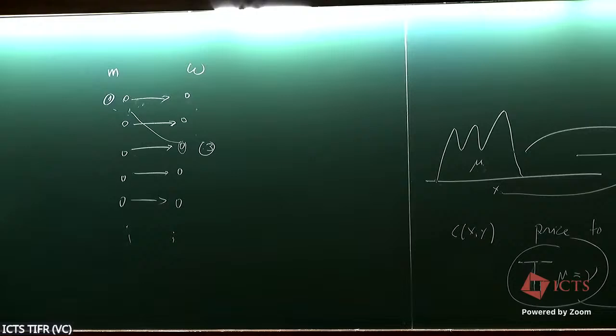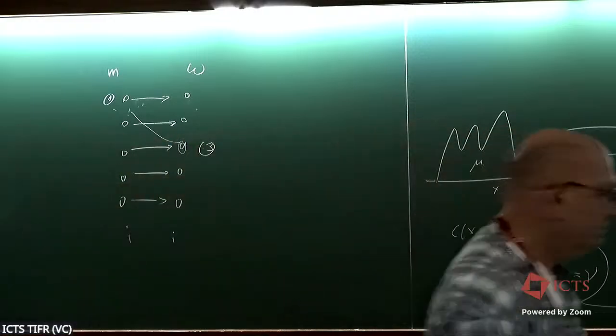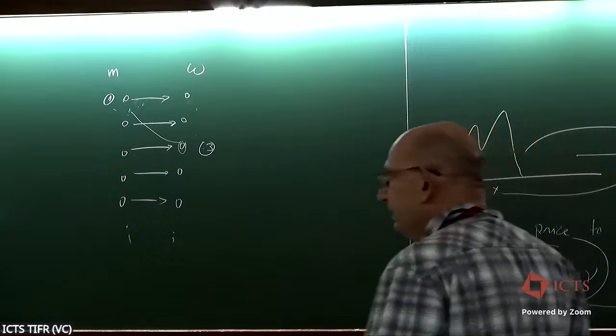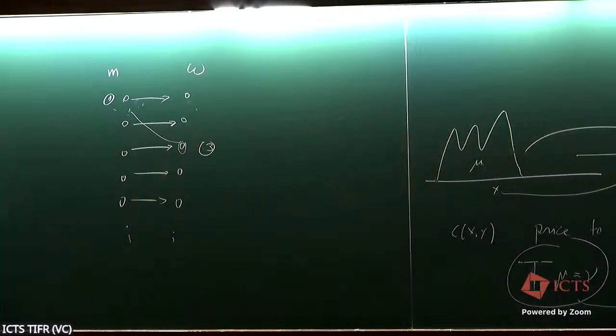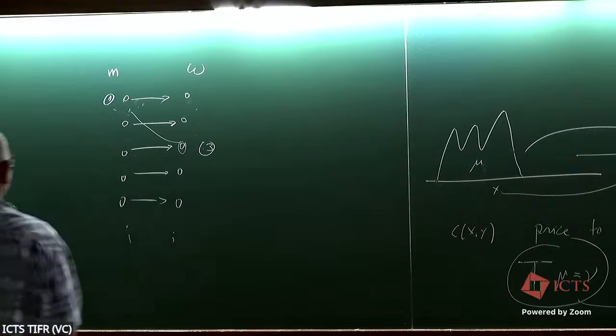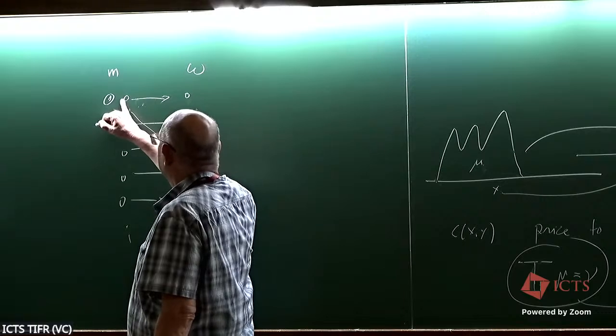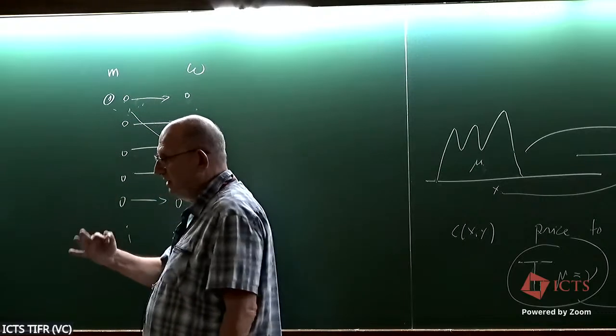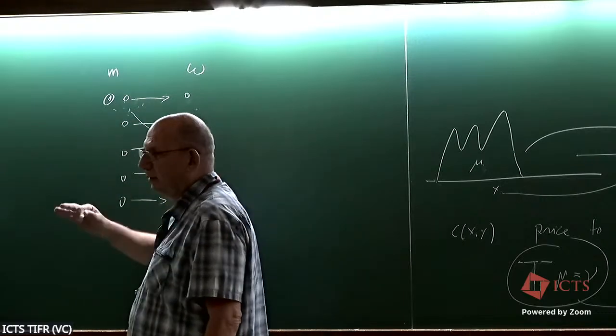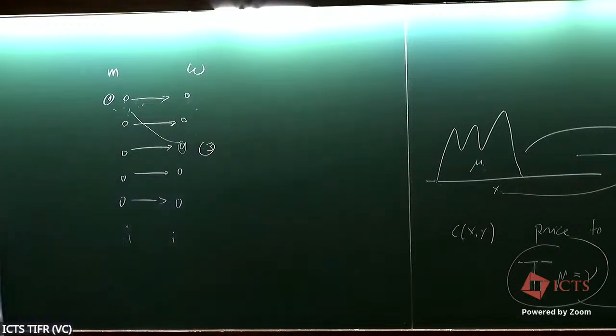What Gale and Shapley published is a very simple and intuitive algorithm for how to find such a stable marriage. The algorithm is like this. Suppose at the first stage, each man proposes to the woman at the top of his list.